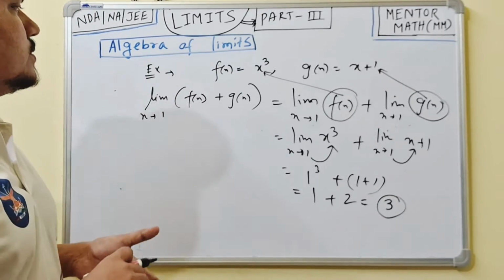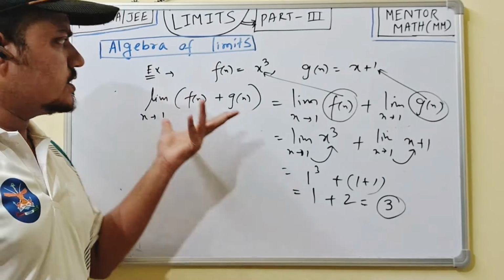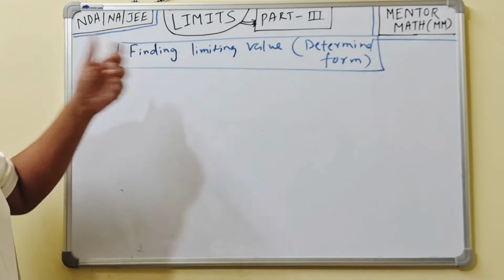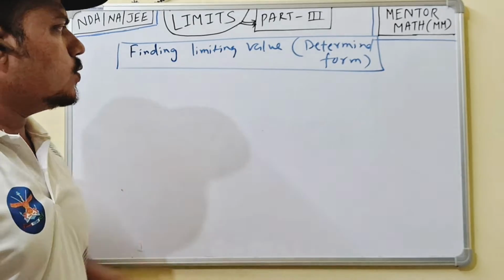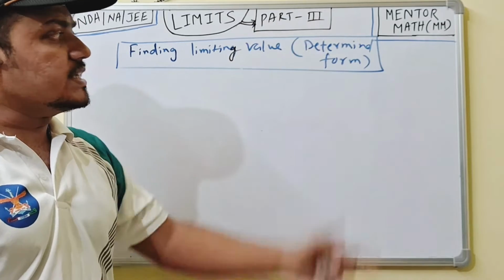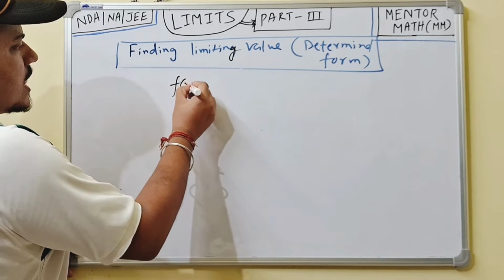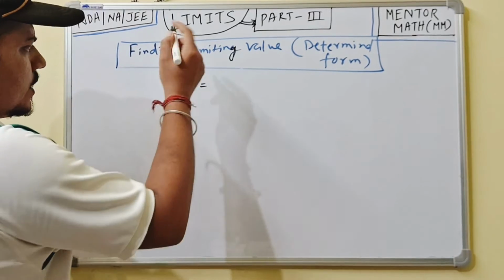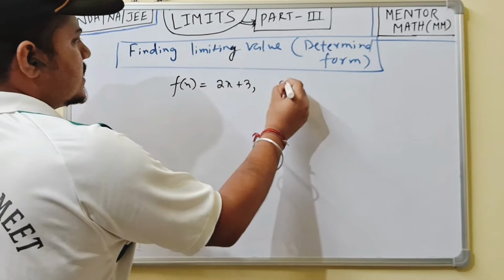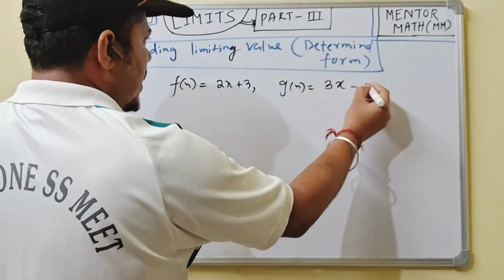So we can easily solve this type of addition, subtraction, multiplication and division form, since it is a determinate form and we can substitute directly. Now comes the next topic: finding the limiting value when the form is determinate. Take the function f(x) equals 2x plus 3 and g(x) equals 3x minus 4.